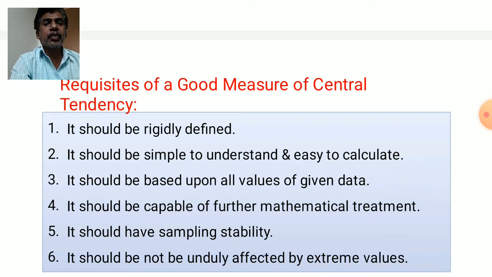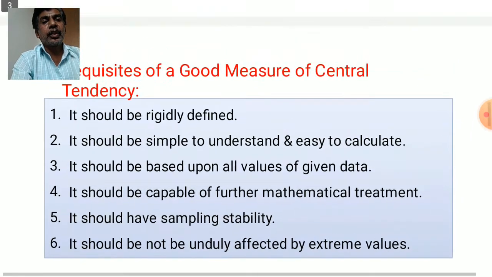Some of the requisites mentioned: it should be rigidly defined, simple to understand and easy to calculate, based upon all the values of the given data, capable of further mathematical treatment, have sampling stability, and not be unduly affected by extreme values.